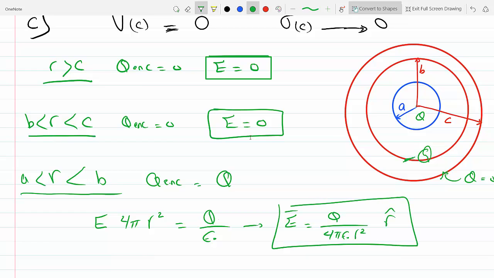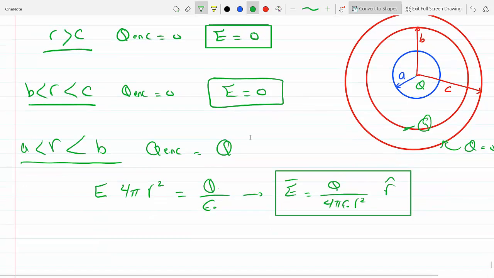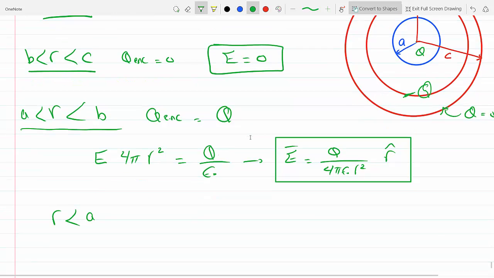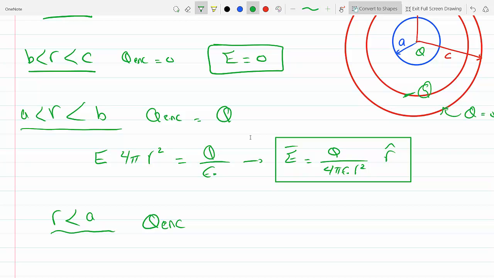And the last one, if R is less than A, this is certainly 0 because there is no Q inside. This is a metal, so E is 0.